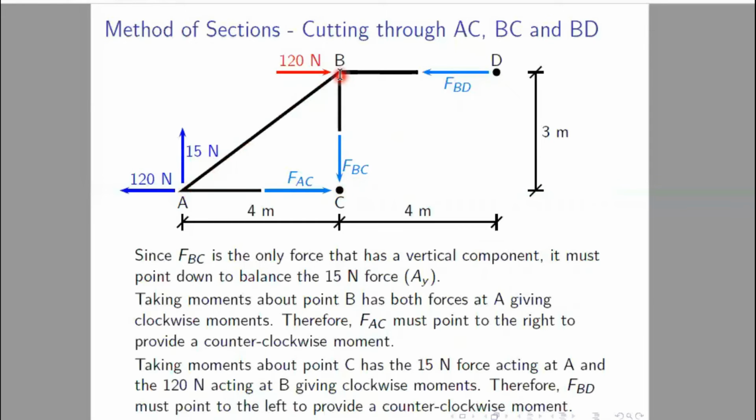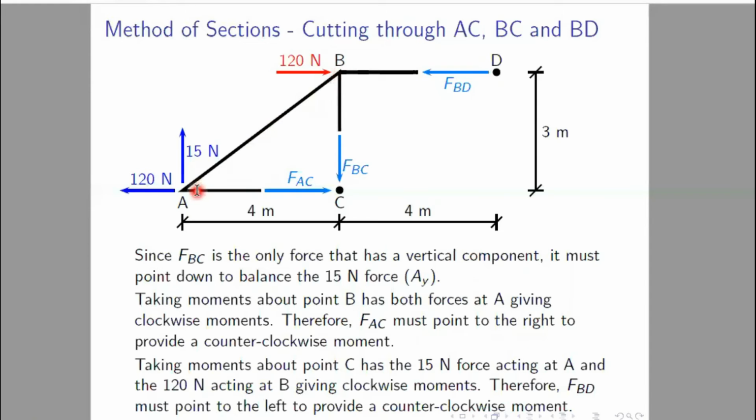At the same time, at point B also, two unknown member forces are going through that particular point, so there will be only one unknown member force if we take moment about B. We can easily solve for one unknown.